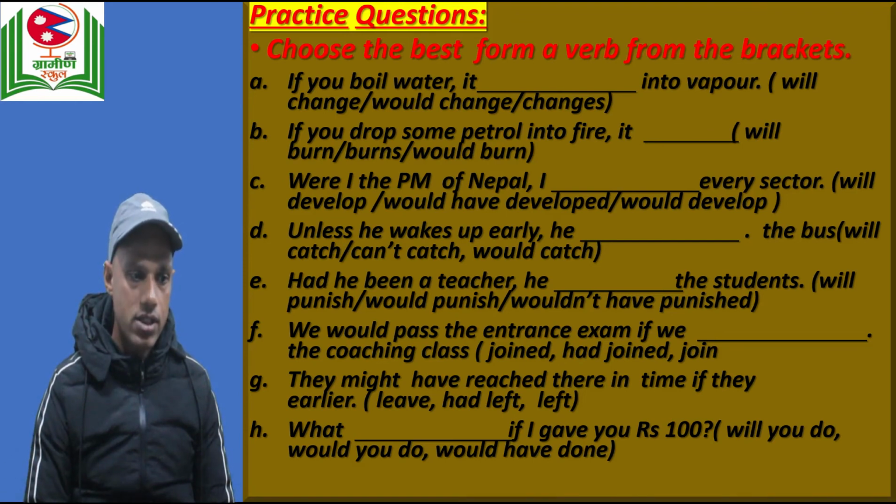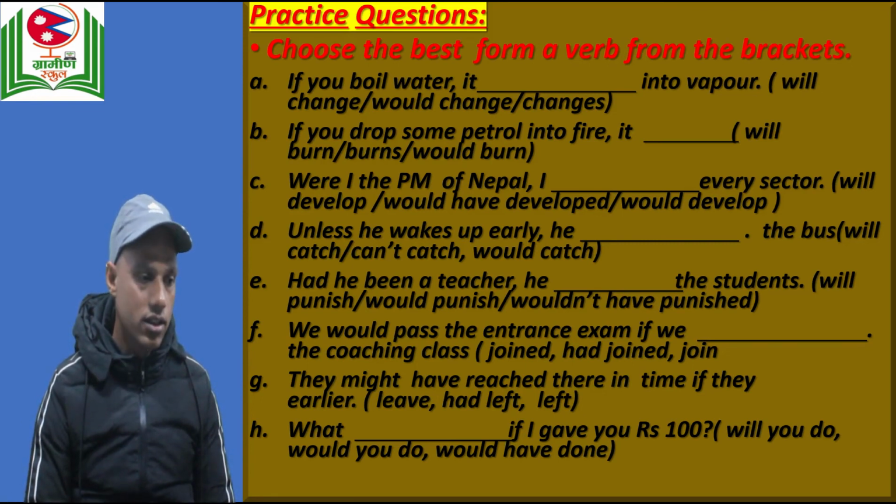They might have reached there in time if they had left earlier. Here the main clause is in might have plus verb 3 form, that's why the if clause should be in past perfect tense. So we have the past perfect option over here, had left.